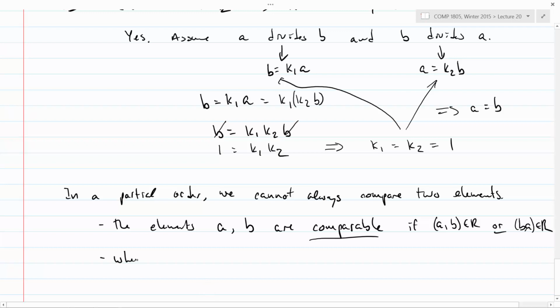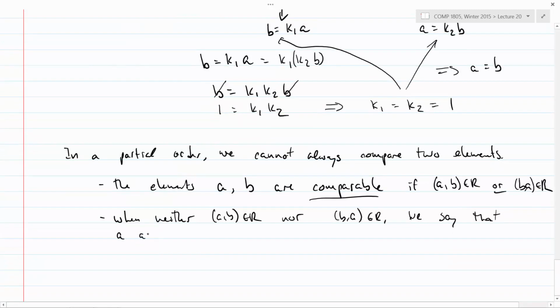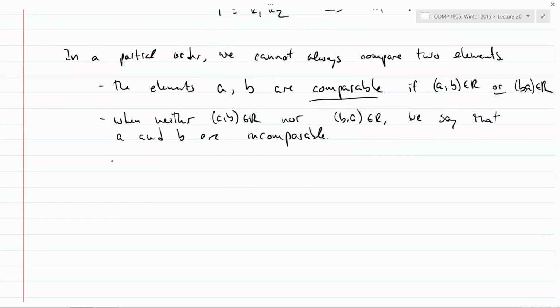So when neither AB is in R nor BA is in R, we say that A and B are incomparable. So let's see an example of that.